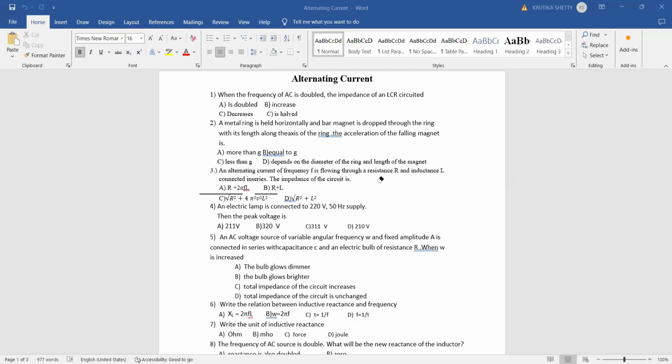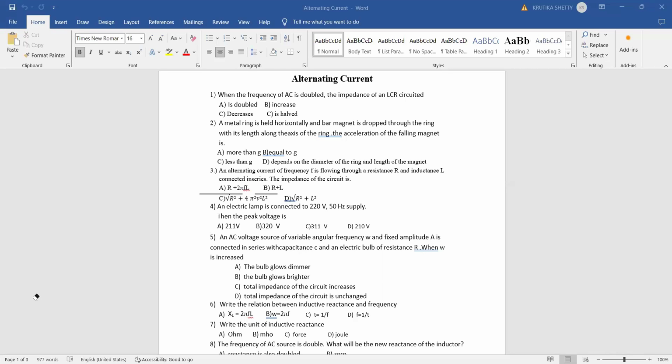The bulb glows brighter or dimmer. Yes, option B is the correct answer here, students. It glows with brighter value.